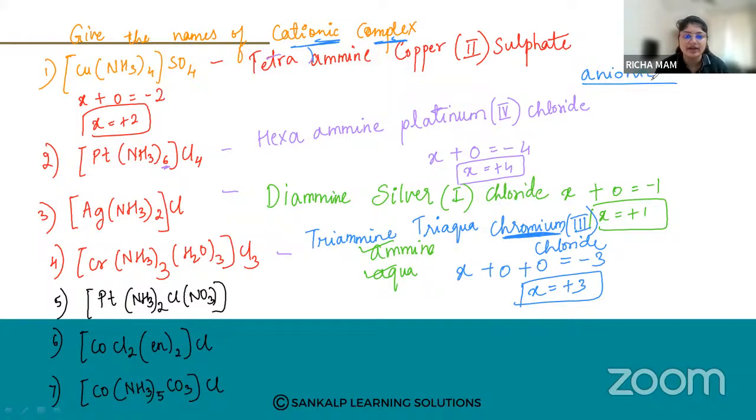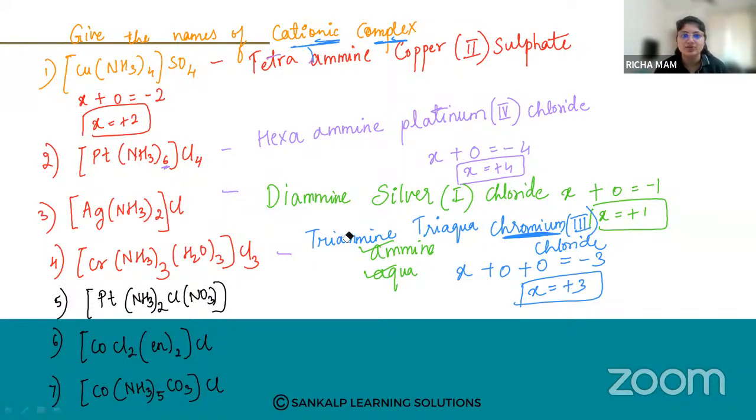Whenever you have an anionic complex, your central metal atom will end with ate: chromate, platinate, cuprate, cobaltate. But when you have a cationic complex, it will end with the same specific name. Okay. So this is clear.